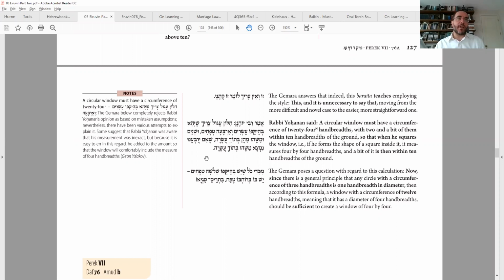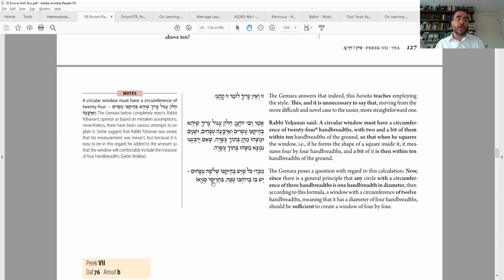Says, hold on, why do you need 24? You shouldn't need that many. First, it's going to try a different calculation altogether. We know that the ratio between, okay, first of all, 3, we're calculating pi now. All right, anything that is a circumference of 3 has a rochab of tefach, has a diameter of 1 tefach.